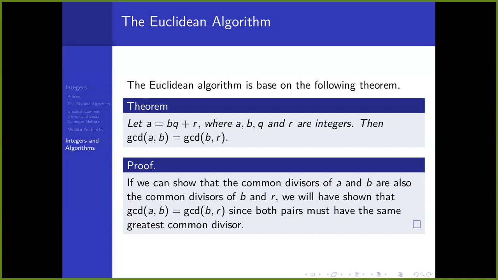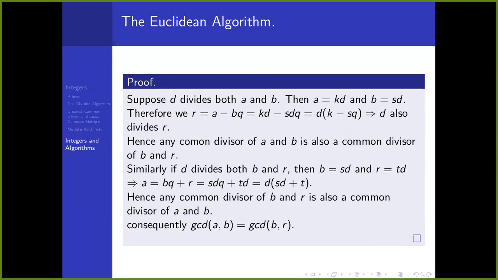If you want to prove this, we need to show that the common divisors of A and B are also the common divisors of B and R. That's all we need to show, because if the set of common divisors is the same, then the largest divisor will be the same for both pairs. Okay, so let's see if we can achieve that in our proof.